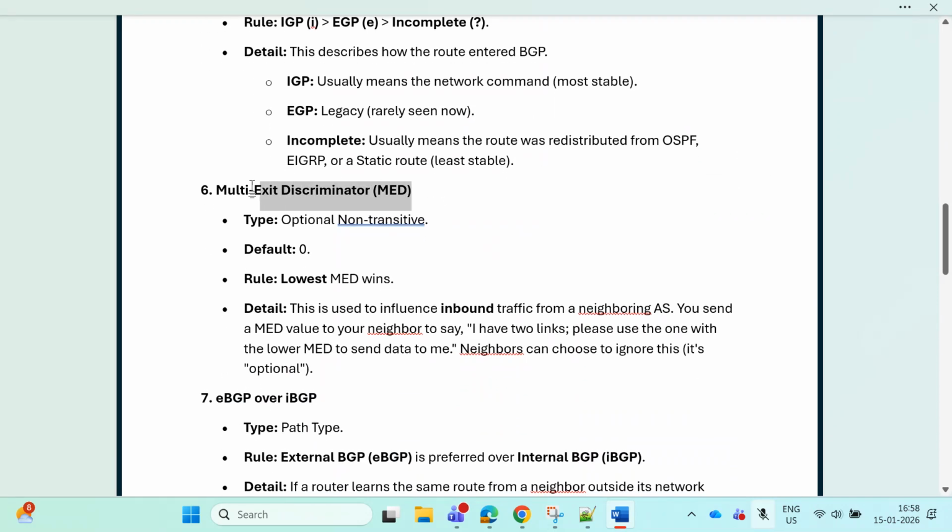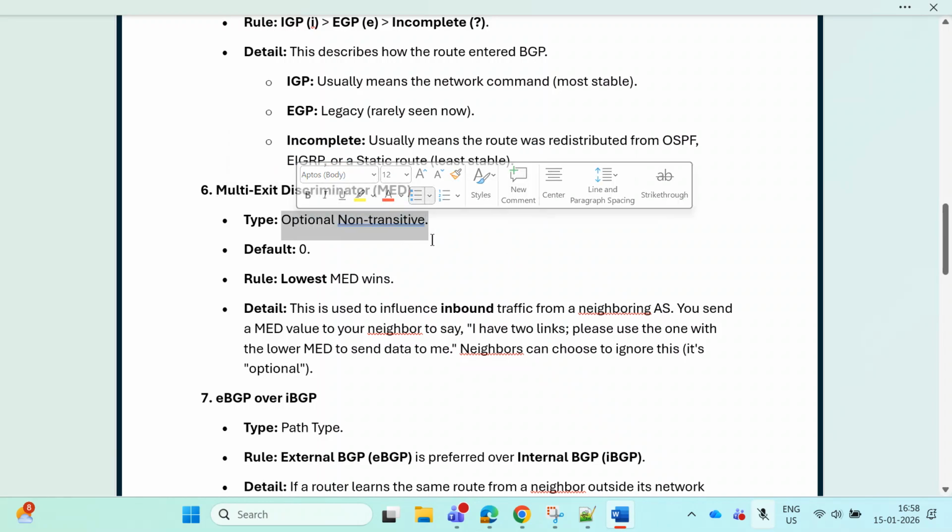And MED, right? This means multi-exit discriminator. This is also for incoming traffic, and this is optional, not mandatory. It is used to influence the inbound traffic from a neighbor. You send the MED value to your neighbor to say, I have two links, please use the one with the lower MED to send the data to me.